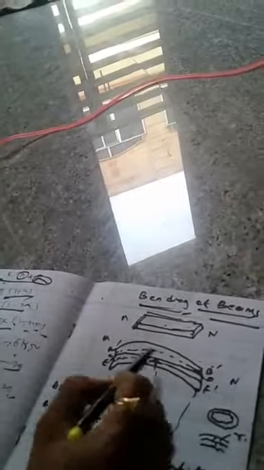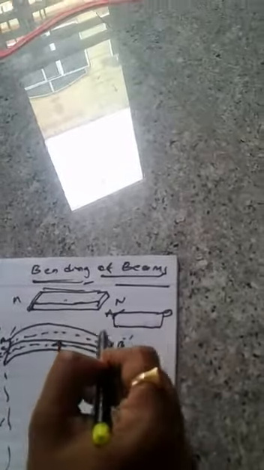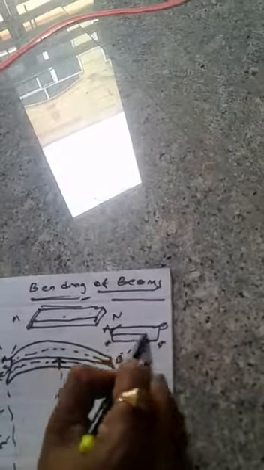If you bend it, there are two changes in length. The outer layer undergoes extension, the inner layer undergoes contraction. Therefore this is the elongation, this is the contraction. Take the picture like this: this is AB, EF, and this is CD. AB is the outer layer, EF is the inner layer.